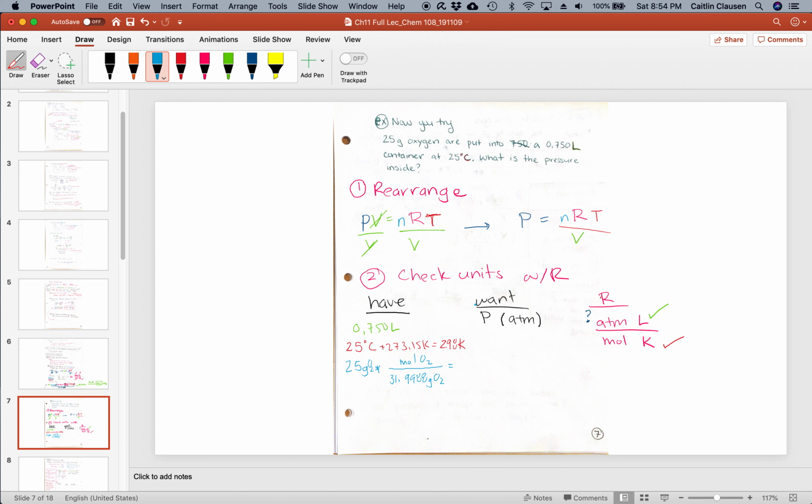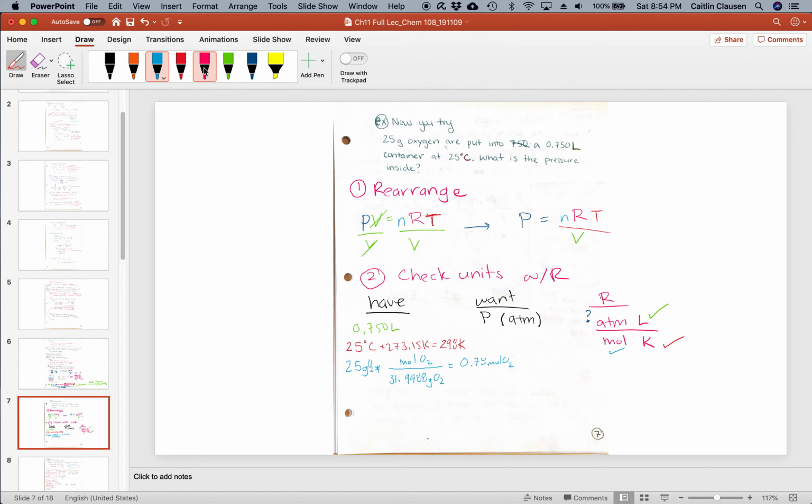And that gives us, if we are rounding to correct sig figs, which is 2, 0.78 moles of O2. Now we have moles.